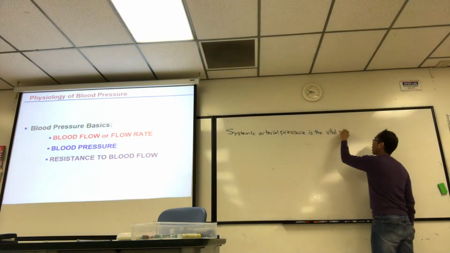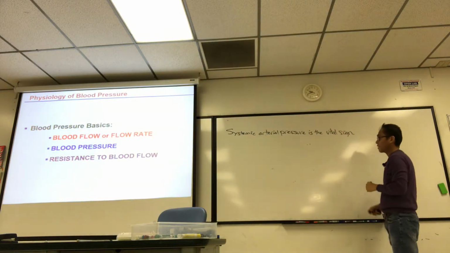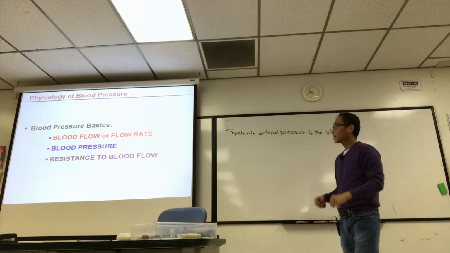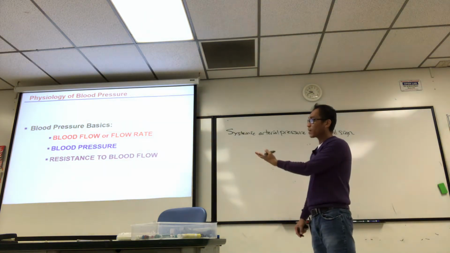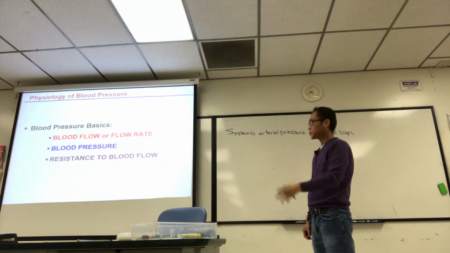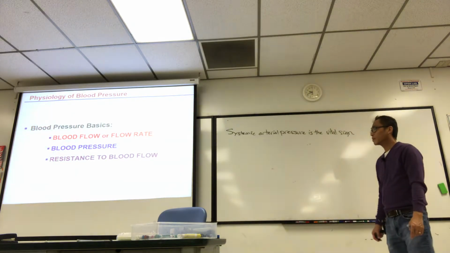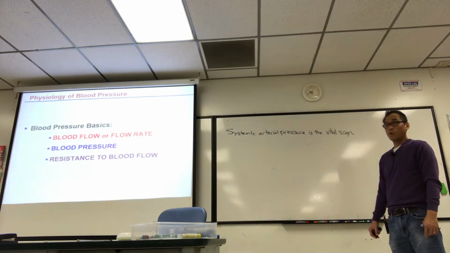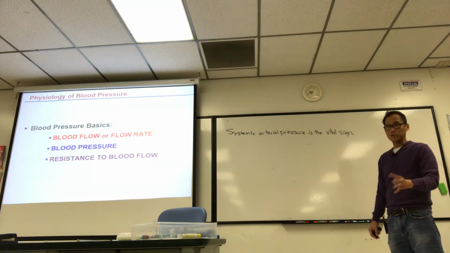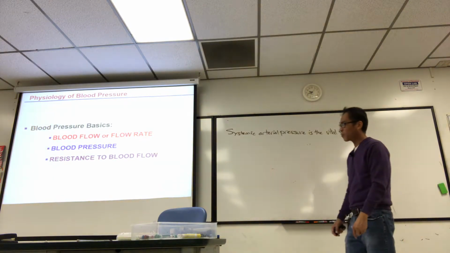The vital sign of life, okay? So that's the pressure I think of when I teach this lecture. That's the pressure that's keeping blood flowing to the capillaries of your whole body. That pressure generated by the left heart, what we study.